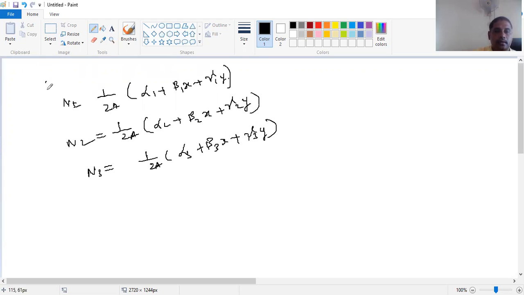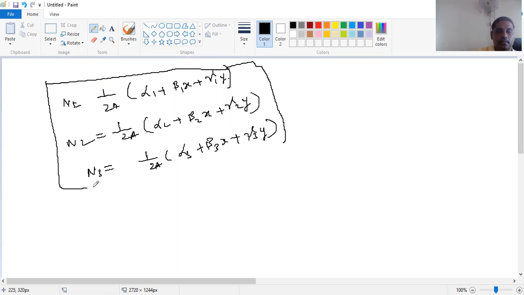So this is the shape function for the CST element. We will see some more problems based on this CST element in the upcoming sessions.